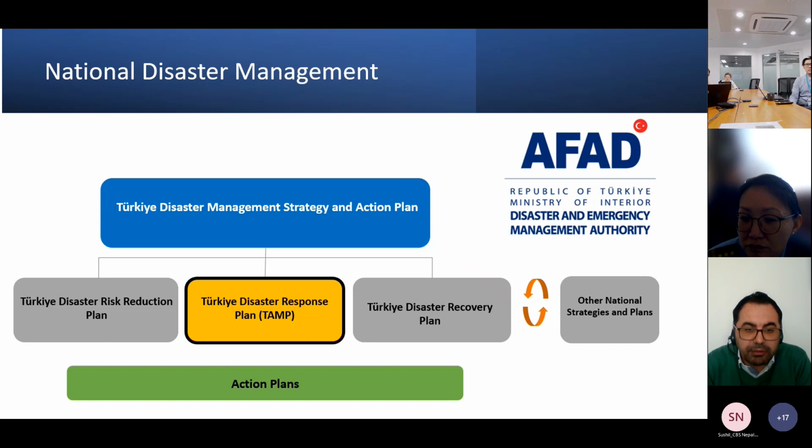It includes ministries, institutions, and organizations, the private sector, non-governmental organizations, and real persons who will take part in responding to disasters and emergencies of any type and any scale that may occur in Turkey.